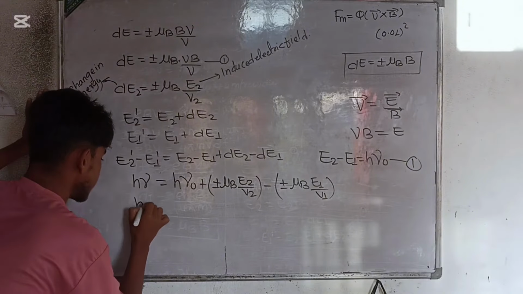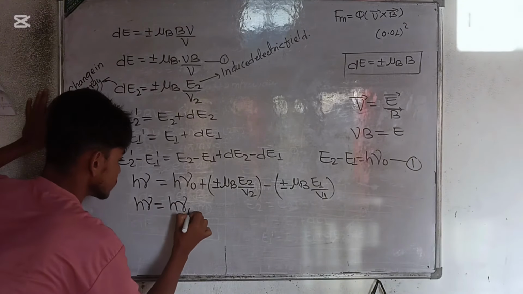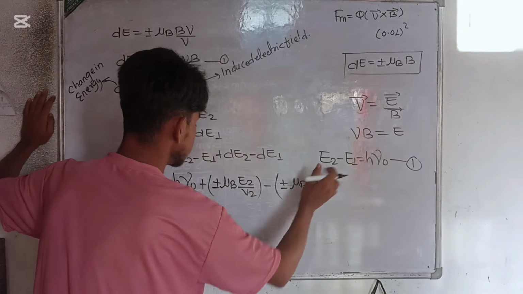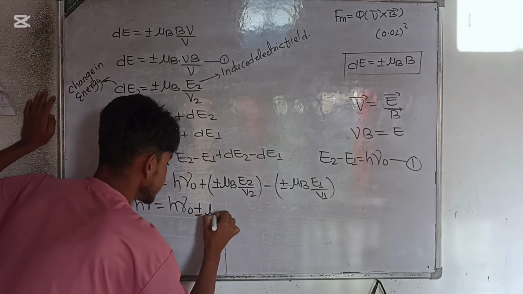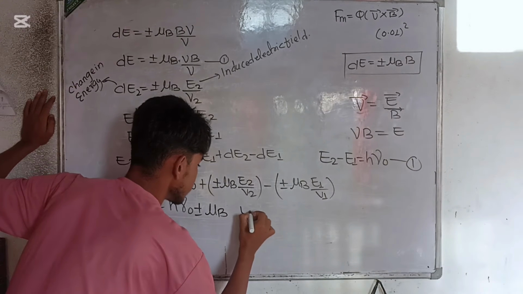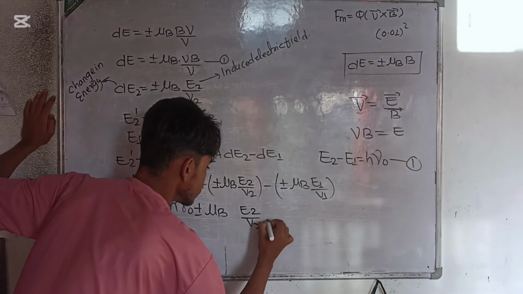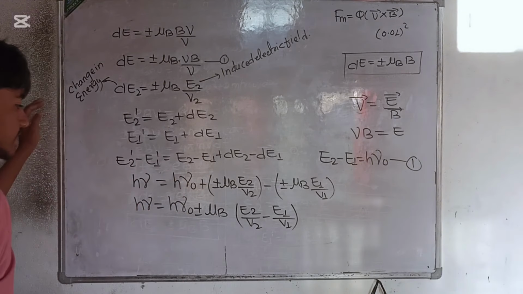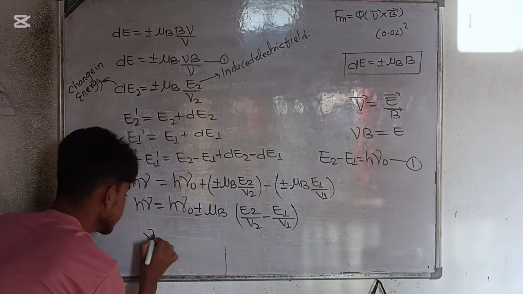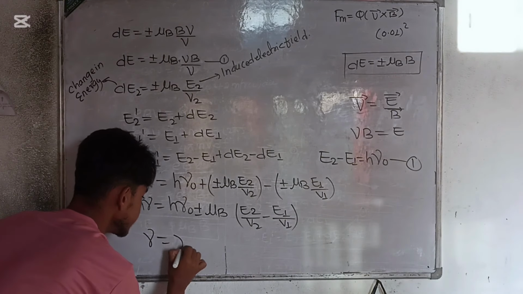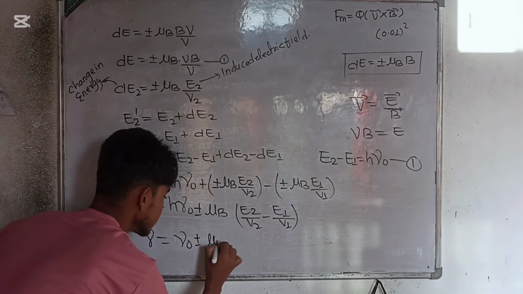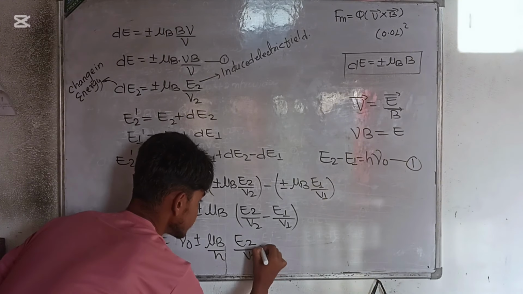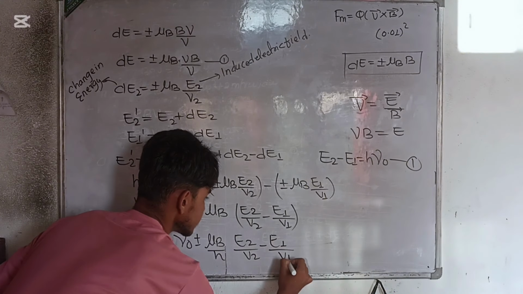So h nu equals h nu naught. Nu naught is the single constant frequency of the photon when there is no external field. And you can take plus minus mu b common, and here will be E2 by V2 minus E1 by V1, right? Are you getting my point? So nu equals nu naught plus minus mu b upon h, E2 by V2 minus E1 by V1.